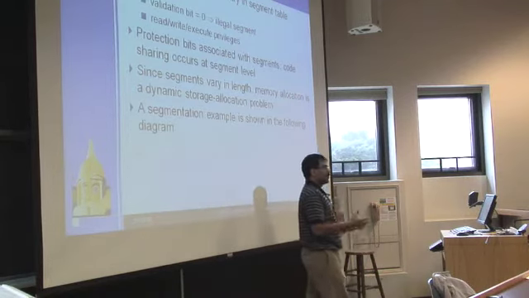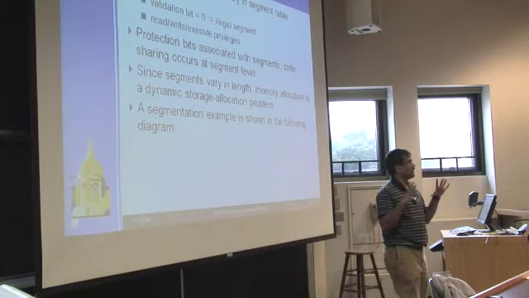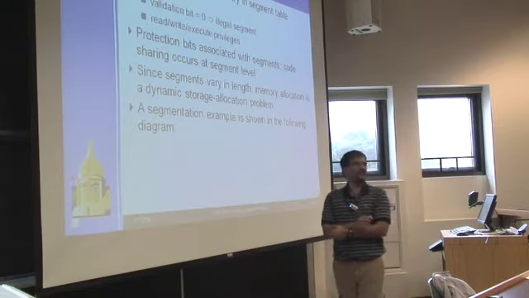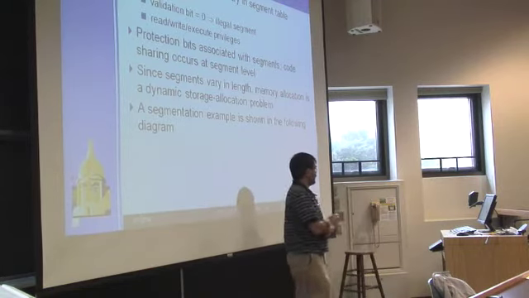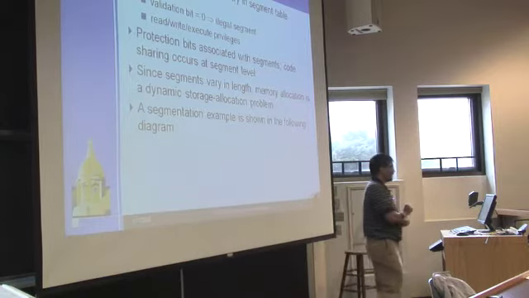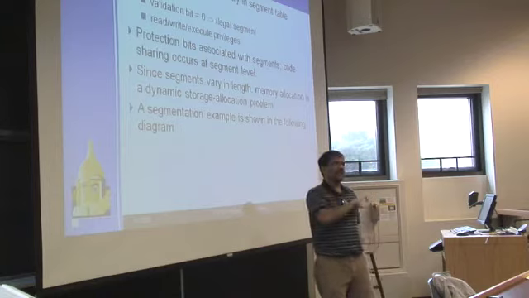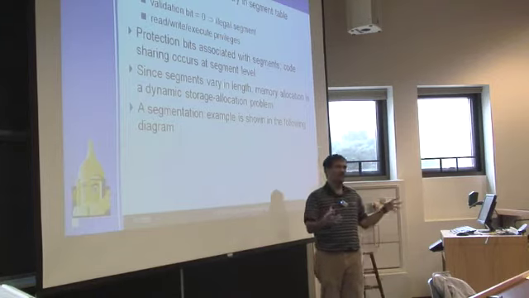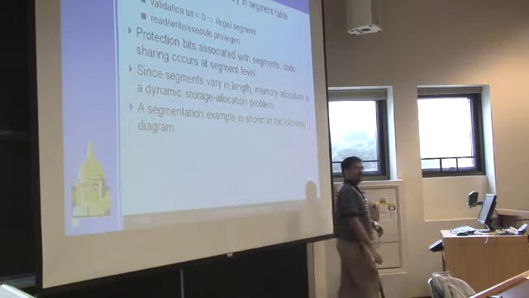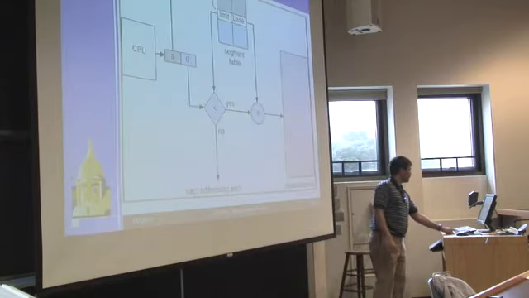But when you talk about it in a segment fashion, you think of them as one logical unit, right? It's important not to get confused: this is not the same as the one we talked about before. This is a logical view of what the paging appears to you.